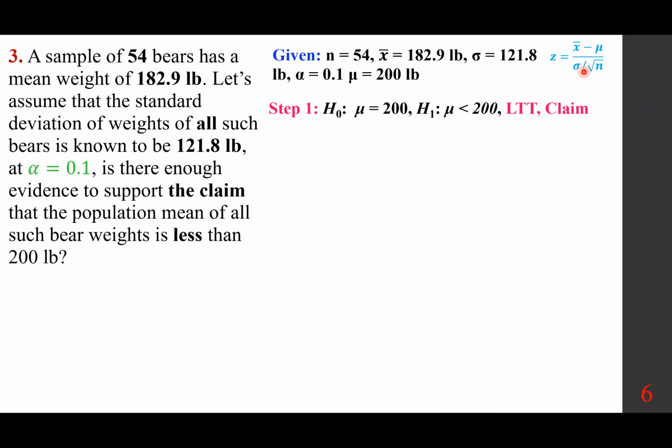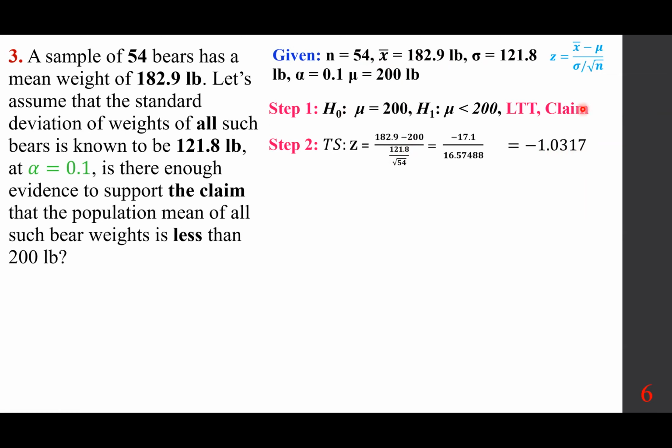Let's plug in: replace the x bar with 182.9 minus mu, which is 200, over sigma 121.8 divided by square root of n, 54. You plug it into a calculator, and it gives you the following number, negative 1.0317. So I hope you see we are repeating the same process.